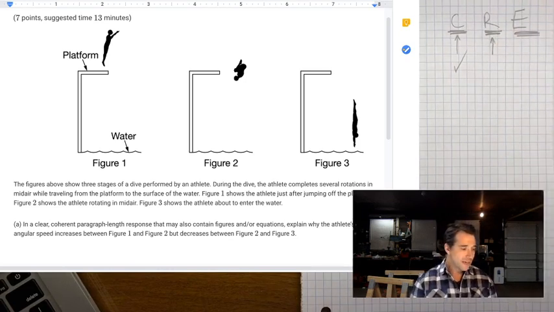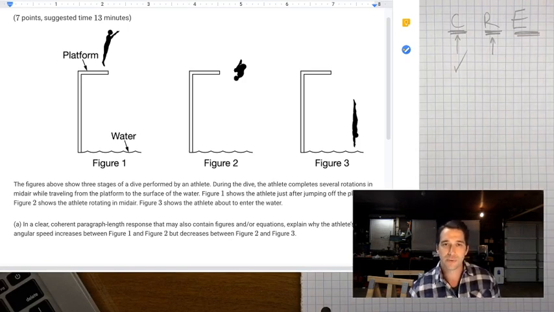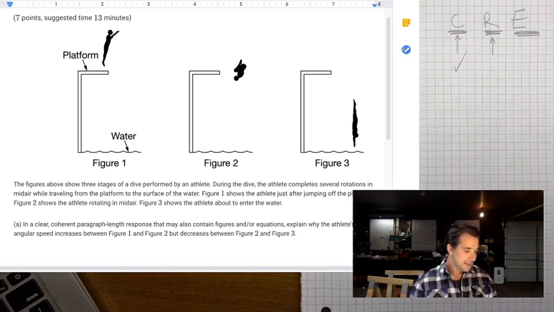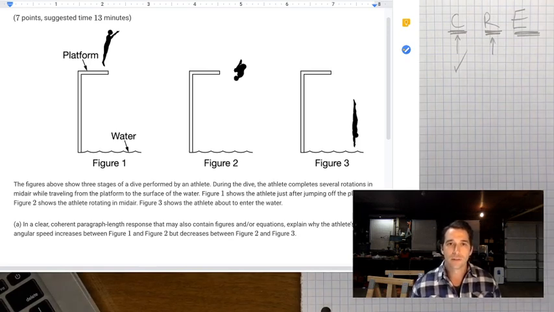When we give a reason, our reasons are going to be based on some physics principle, some overarching physics phenomenon that we know. And in this case, the reason that we know their speed is increasing and decreasing is because angular momentum is conserved.